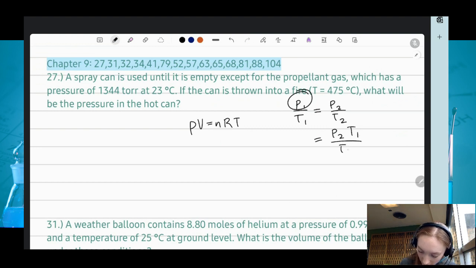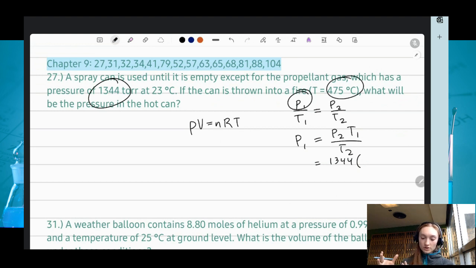So now we are solving for the final pressure. So now we can plug in our values. So for P1, we'll put the 1344. T2, that is going to be the final, so that's the matching one of the final pressure and temperature.